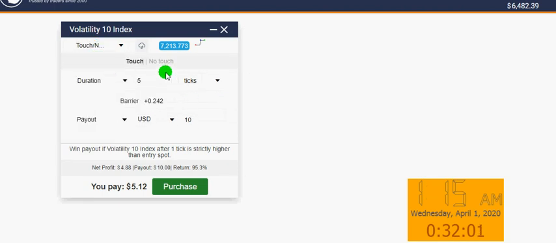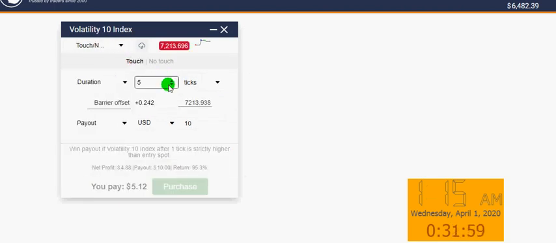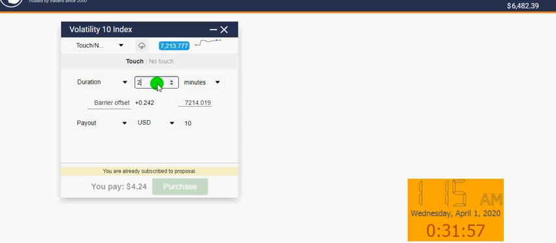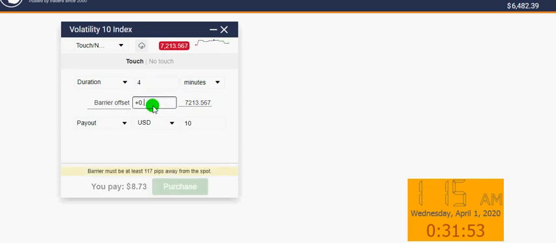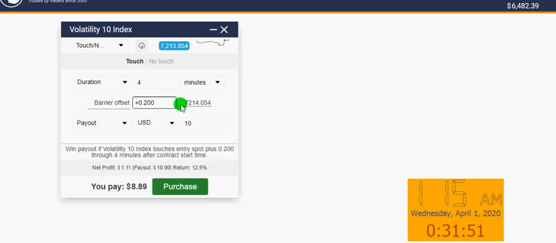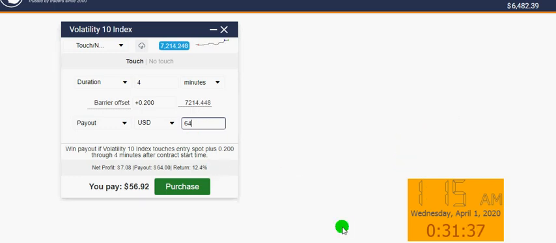I will click on touch. Or no touch, then we'll click on touch. We'll change this to minutes, we'll change this to 4 minutes. Then the barrier offset will be plus 0.200. I will be staking 64 USD. Yes. So we'll trade 4 times.